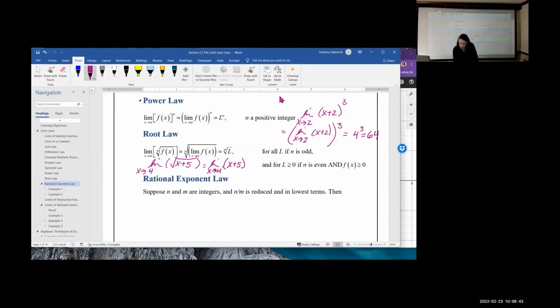Do you remember this from your college algebra? The square root is actually the 1/2 power. So of course you can pull the limit inside of a root, because really you can pull the limit inside of the power, all right? And that's what we're doing. So we can pull it under the radical, we can pull it anywhere we want to go.